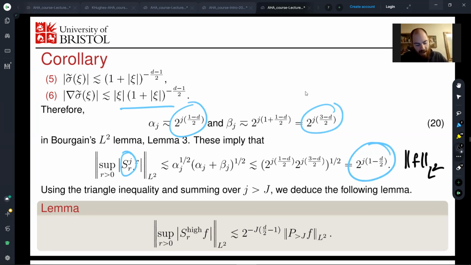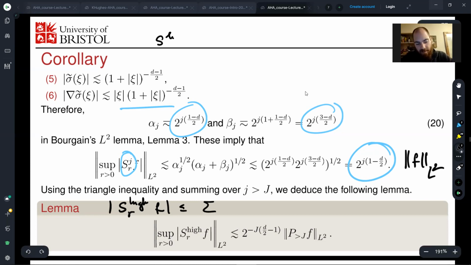And now you just sum up over all j. I can use the fact that SR high of f is less than or equal to the sum over j. I should have said before that S low was not, I may have mistakenly said this, whatever.